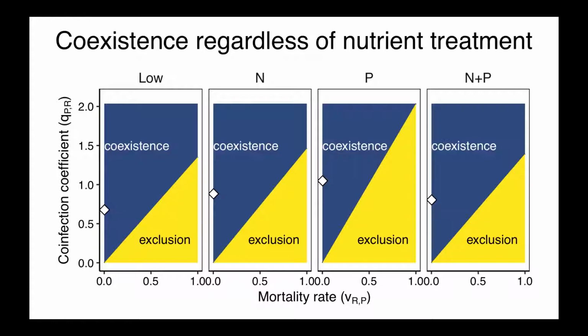But you can see that all of them are within that co-infected or coexistence space. So if they had landed down here, that means that RPV suppresses them enough to exclude them from the population. And then, of course, this also gives us an idea of how much mortality we could actually withstand in the host population before we start to see exclusion of PAV.